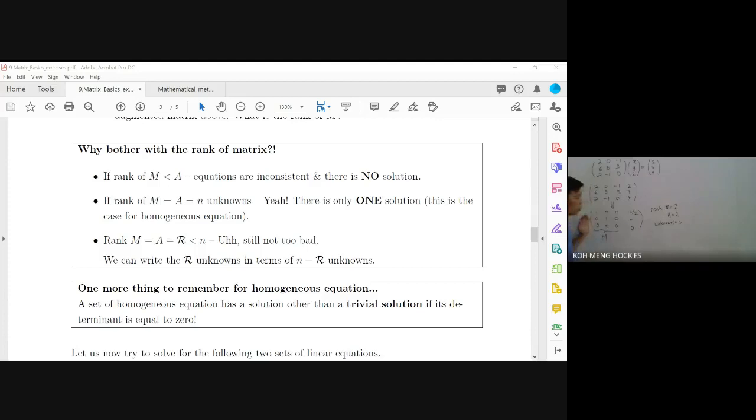So there is a possibility to write an answer, but your answer is going to be based on one of the variables that you cannot find. Let's say, for example, you have something like x plus y equals z. So you have to write your answer based on one more variable.